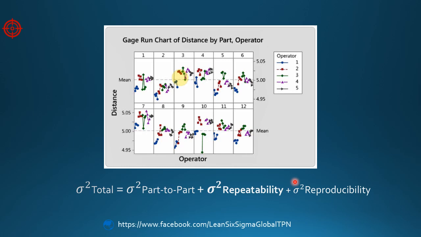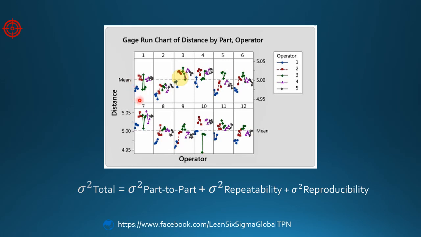In the PCBA viewer study, we have 5 operators making these multiple measurements. The gauge run chart is a useful way to see the results of their measurements on each board. For example, here are the 4 measurements made by operator 1 on circuit board 1. Here are the 4 measurements by operator 2 on circuit board 1 and so on. So what does this tell us about repeatability?